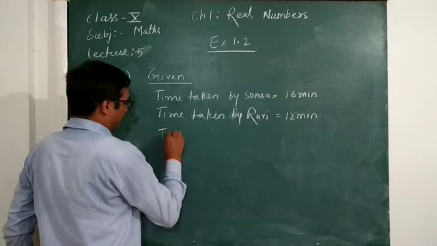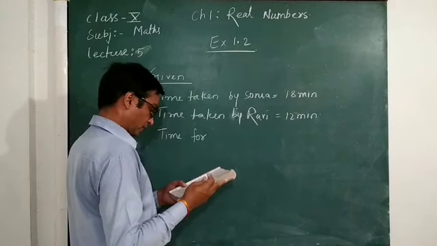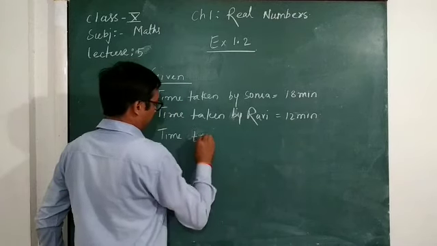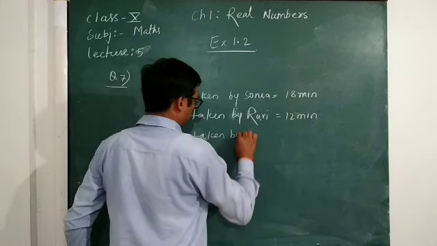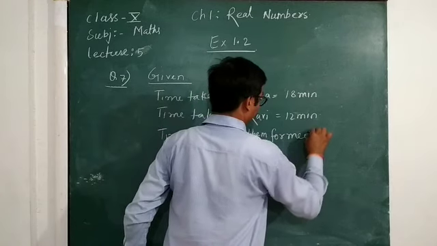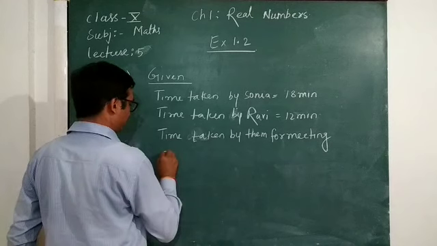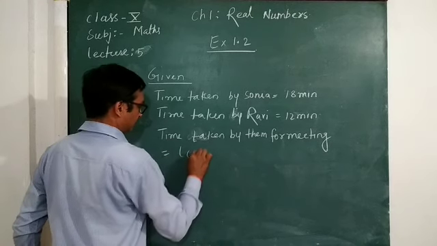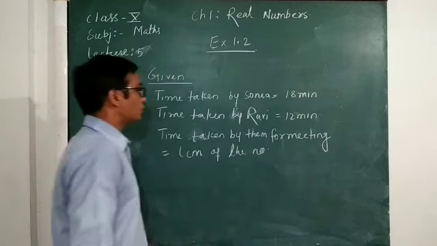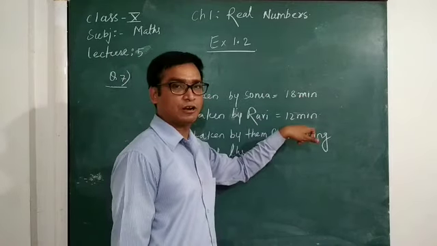So the time taken by them for meeting is equal to the LCM of the numbers. And Sonia takes more time than Ravi.